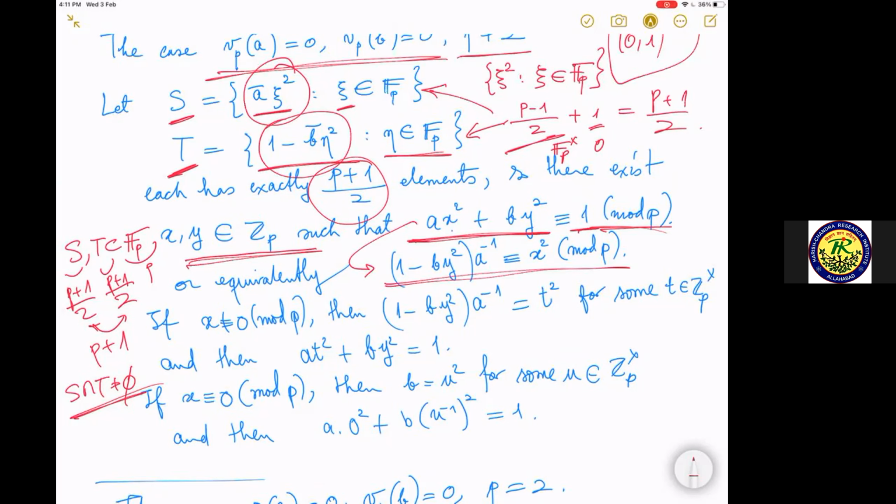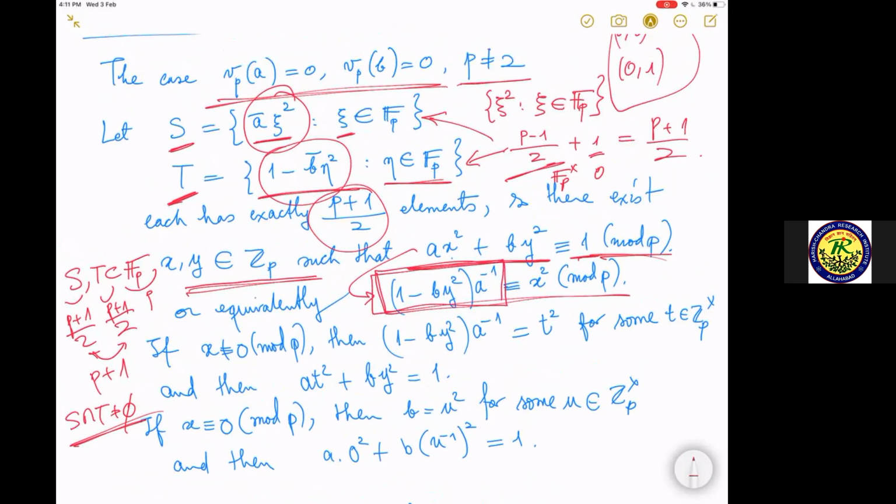Meaning this thing here, what is this? This is a unit in Zp. This is in Zp star, of course, because a and b are in Zp star. So this is in Zp star, and it's congruent to a square modulo p.